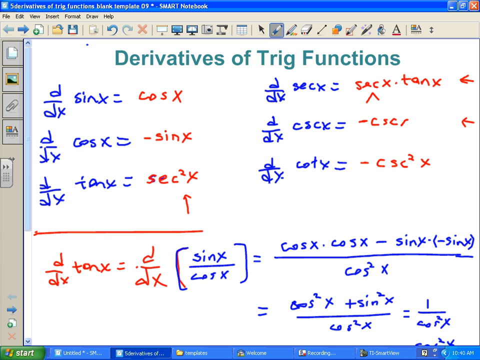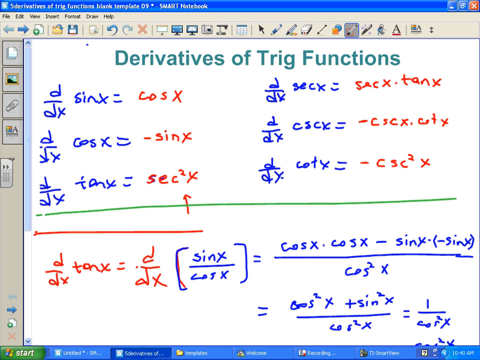Cosecant. What is the cofunction of tangent? Cotangent. Therefore, the derivative of cosecant is negative cosecant times cotangent.